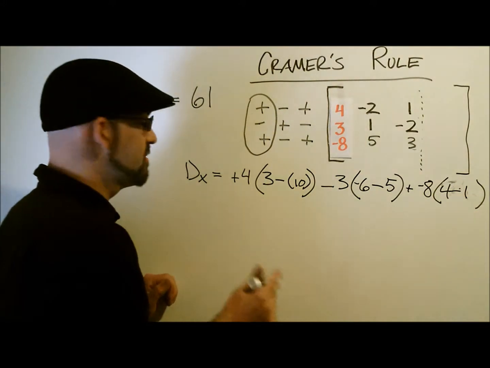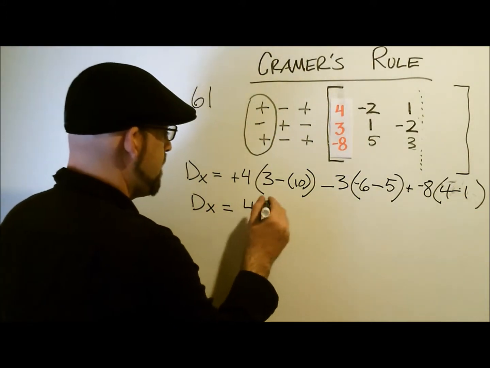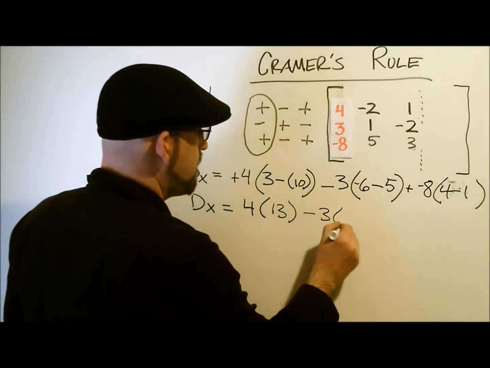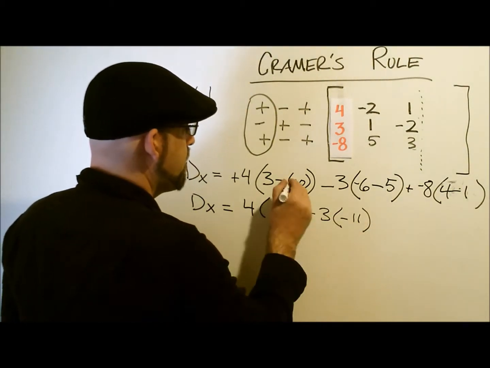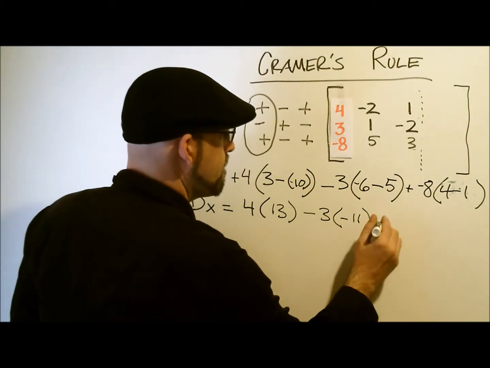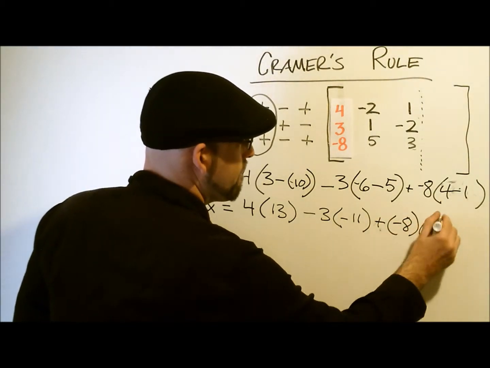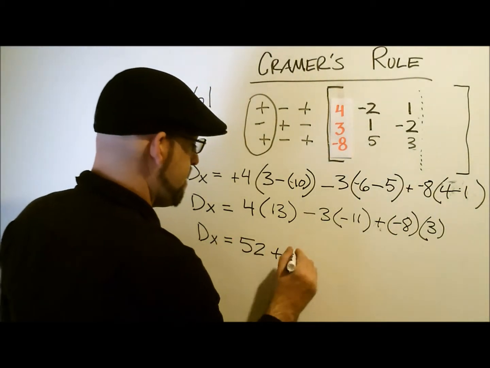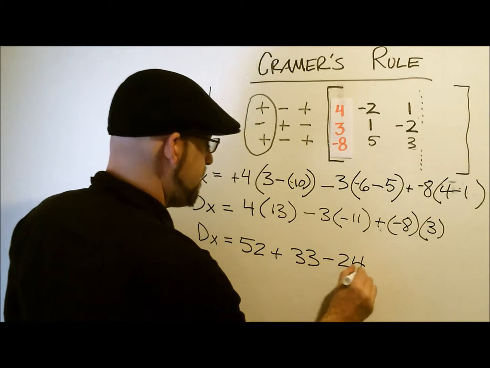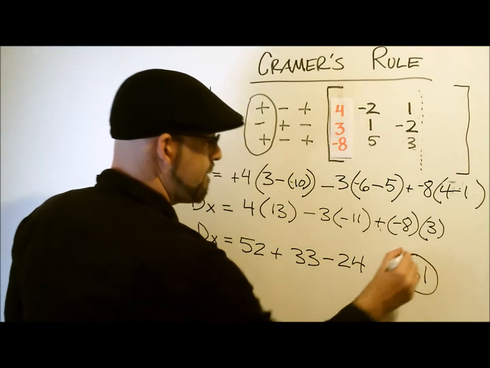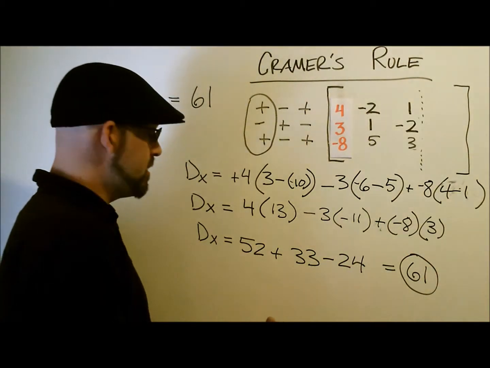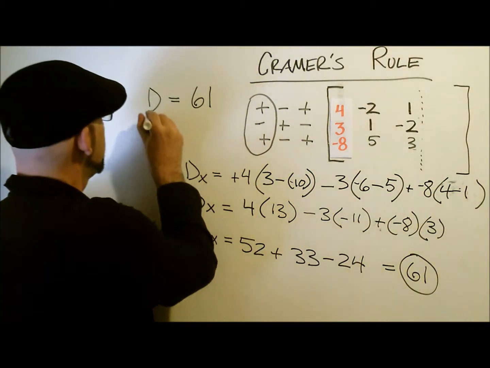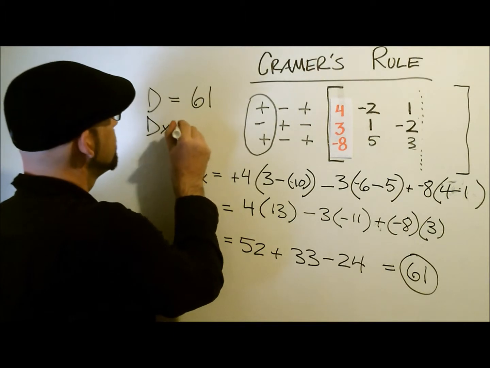So let's put this all together. So our determinant of x is 61 again. Put it off to the side.